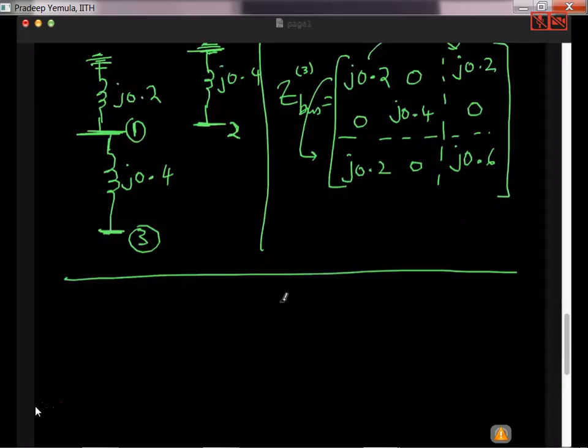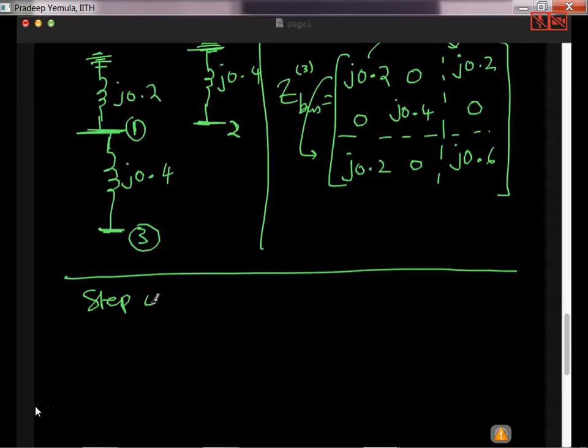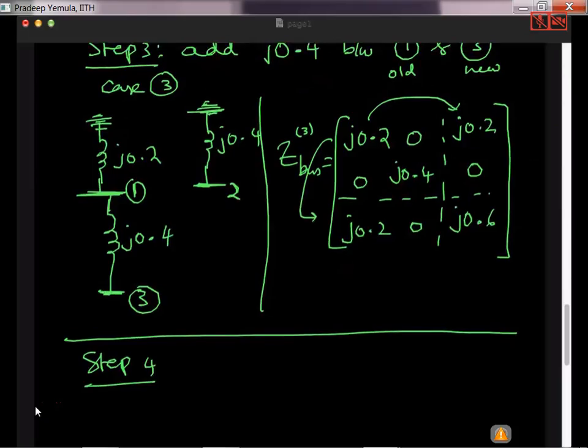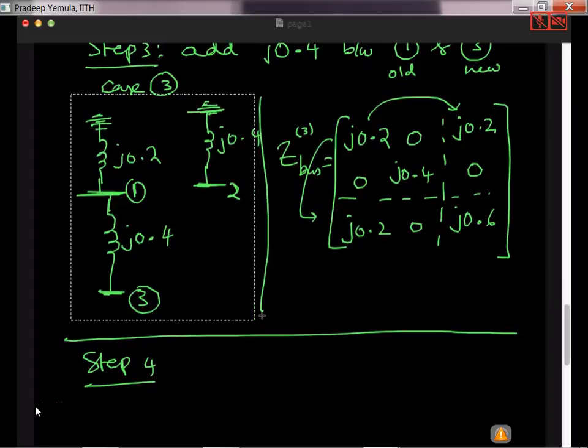Now what will I do in step 4? Step 4, I'll just take this network as it is.